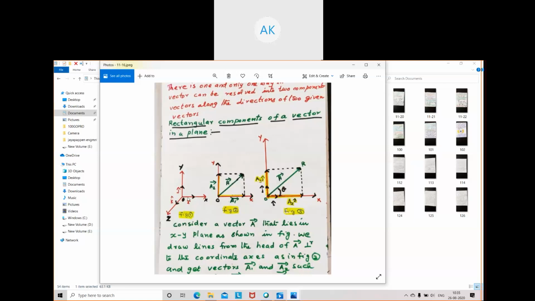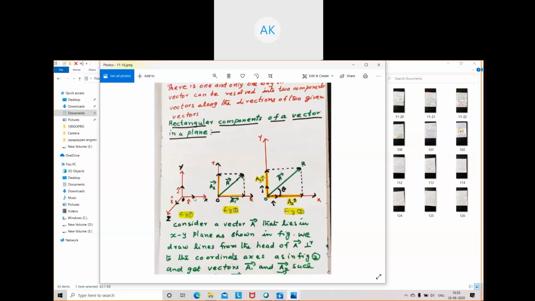That means here i, j, k are unit vectors along x direction, y direction, and z direction. i cap, j cap, k cap are the unit vectors along x direction, y direction, and z direction.